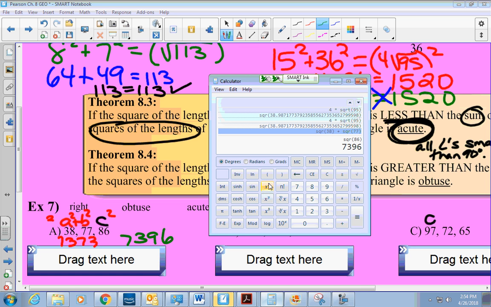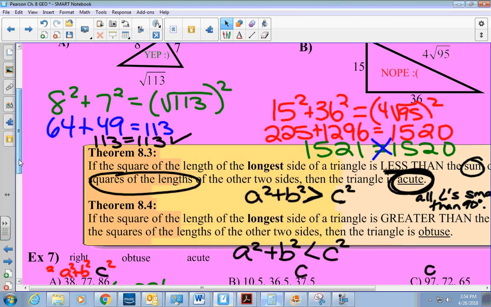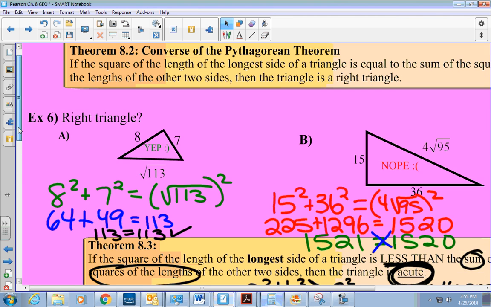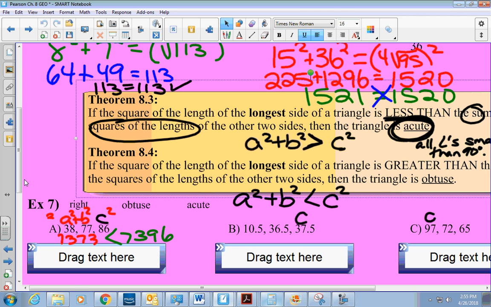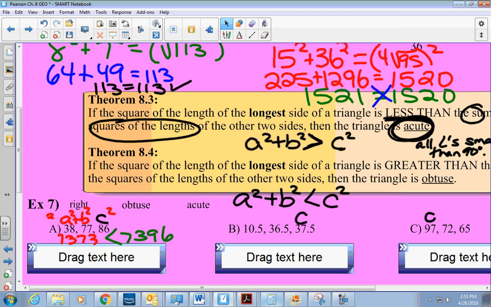Let the alligator eat the bigger one. 7396 is bigger, so the hypotenuse squared is bigger than the sum of the two sides squared. So we are finding the one where it's bigger. That's the second one here. So we are obtuse.